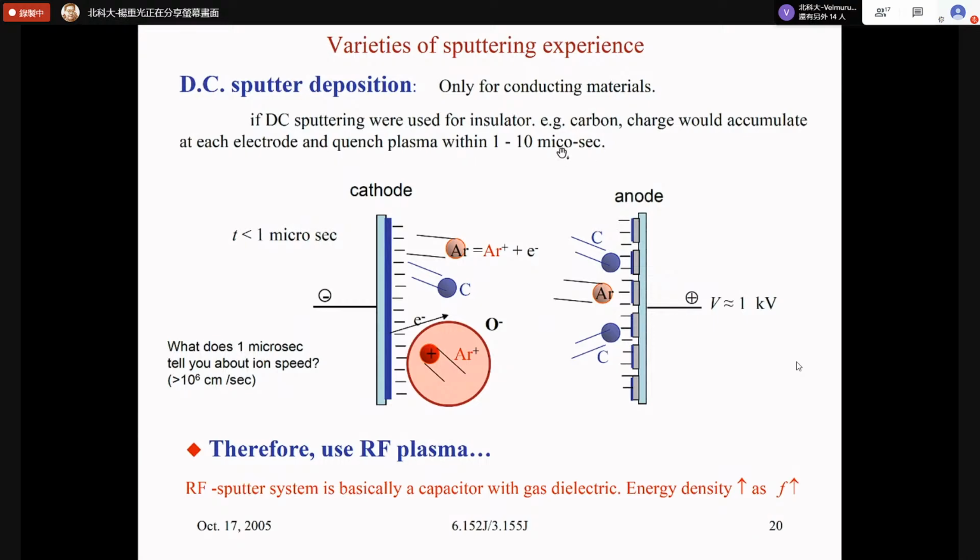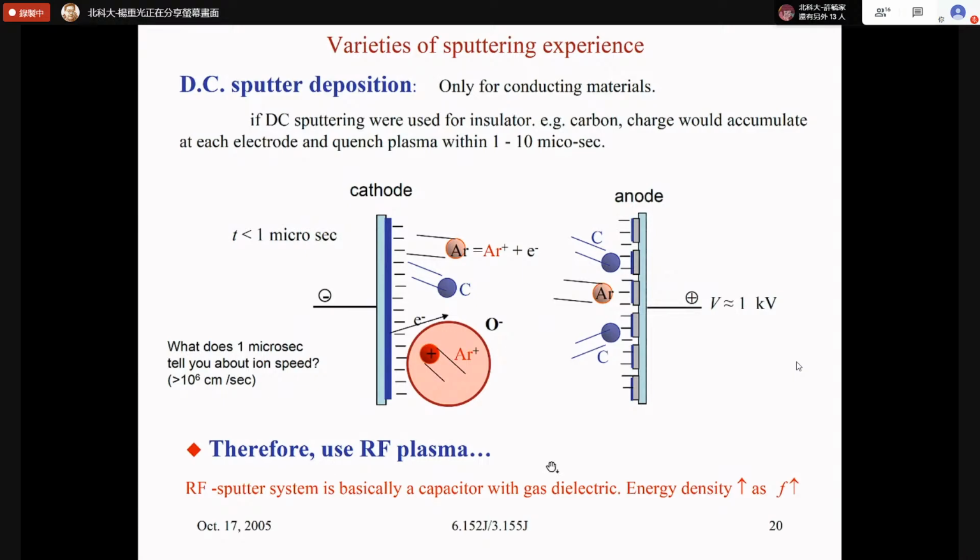Okay, quench is something that 熄火. So your plasma disappears. Of course, the quench takes 1 microsecond, with 1 to 10 microsecond, the lifetime is very small.